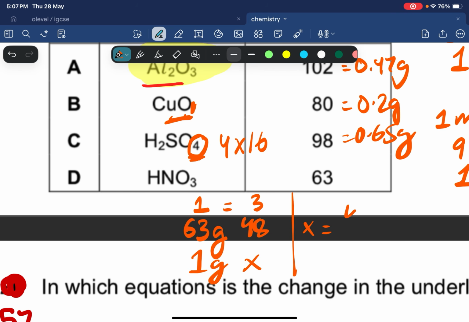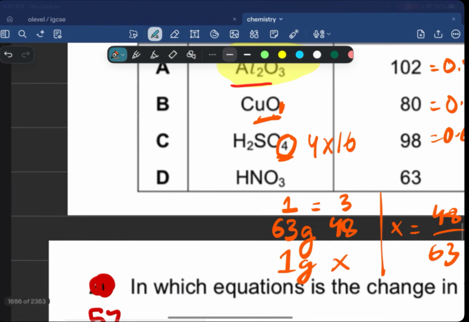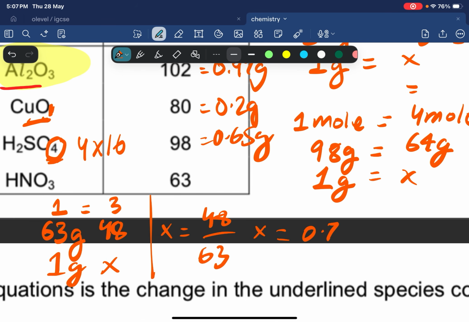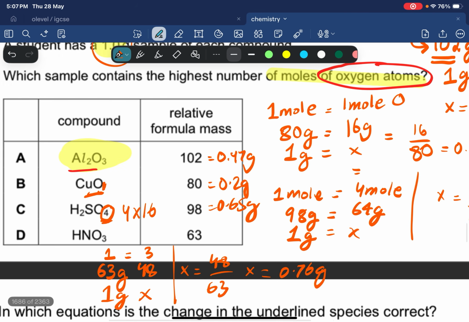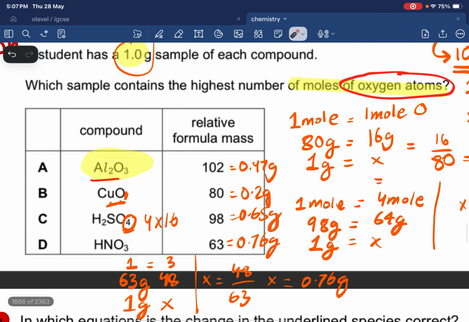X comes out to be 48 upon 63, which is 0.76 grams of oxygen atoms.